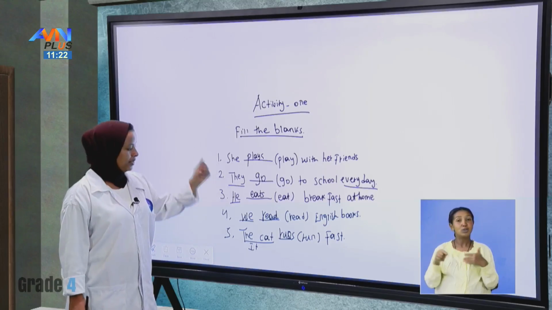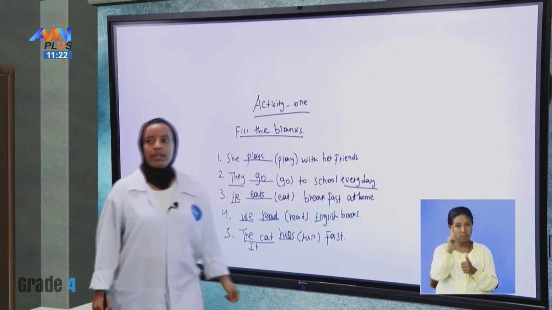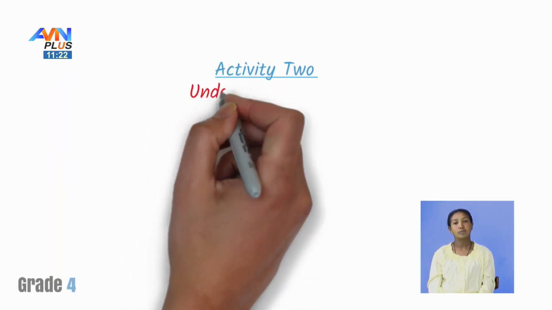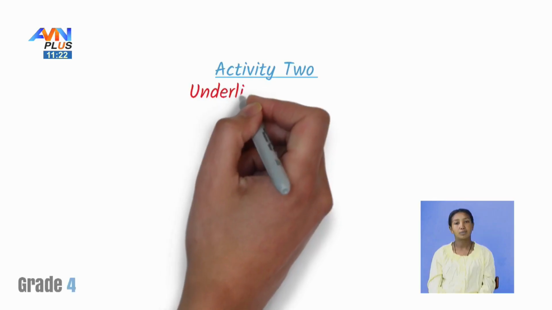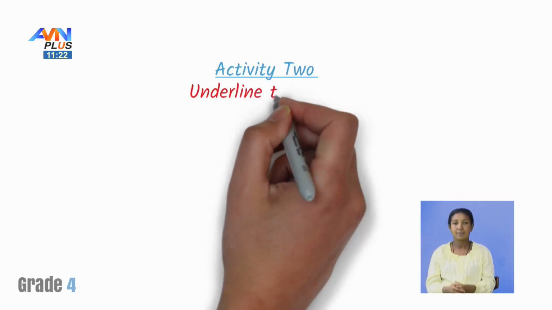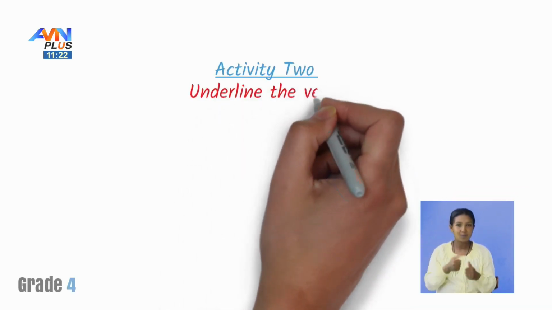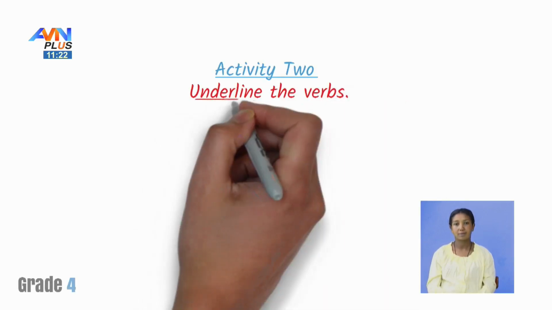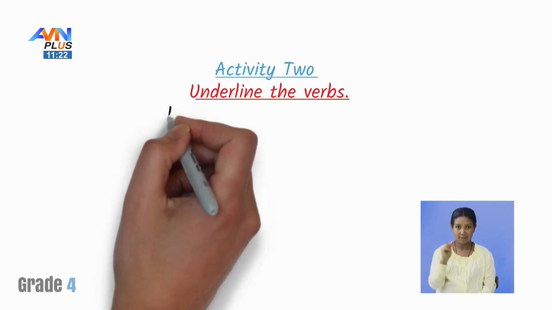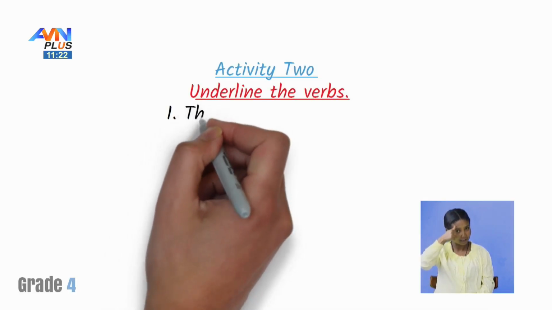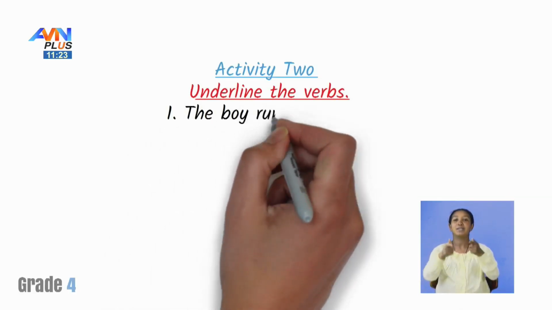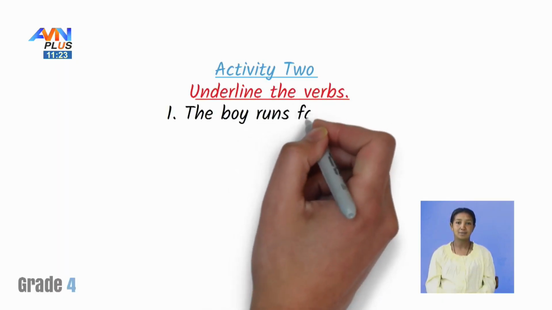So here is the first question, students, and let me give you more examples. Underline the verbs. Question number 1. The boy runs fast. 2.